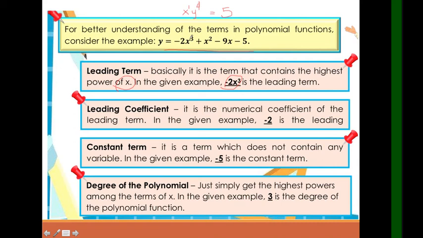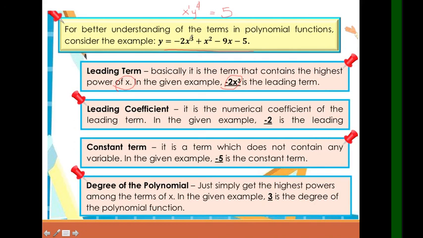Okay. Now, for the leading coefficient, it is the numerical coefficient of the leading term. In the given example, the leading term is negative 2x cubed. Therefore, the leading coefficient is negative 2.